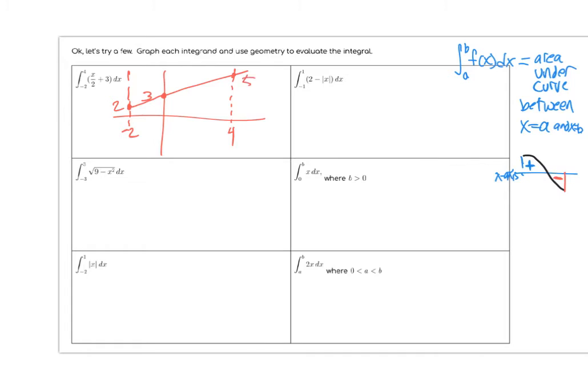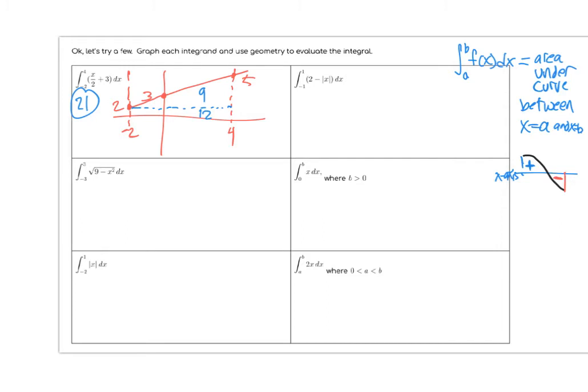This is really one big trapezoid, and I can break that up into a rectangle and a triangle pretty easily. It's going to have a width of 6 and a height of 2. That gives me 12. Width of 6 and a height of 3 is going to give me an area of 9. So the exact area under this curve would be 21.